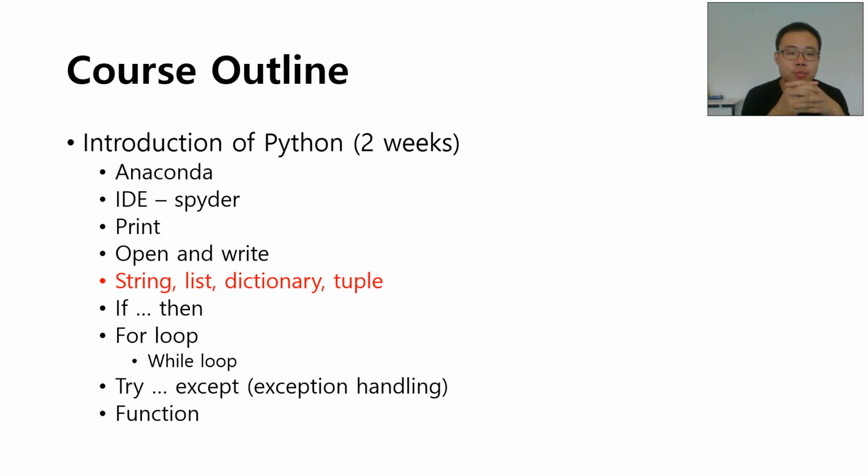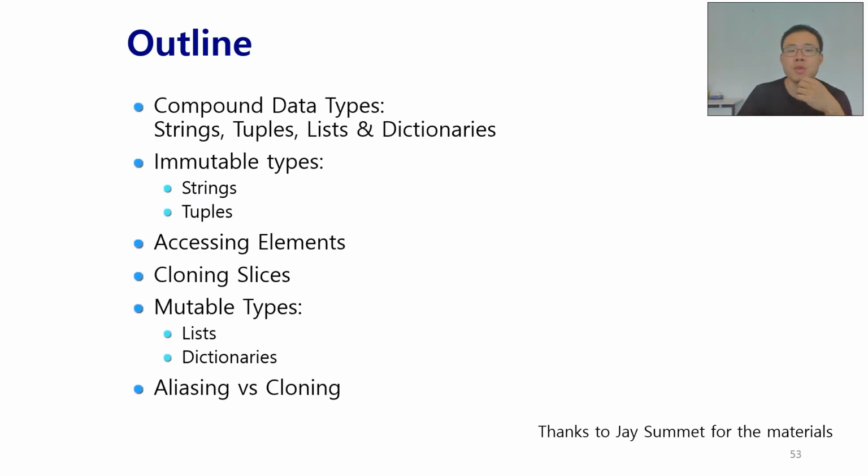I think actually we should talk about string, then tuple, then list, then dictionary, because string and tuple are immutable types. That means when you store the data into strings or tuples, you cannot change them easily. While for mutable types, lists and dictionaries, you can change the elements within lists or dictionaries quite easily.